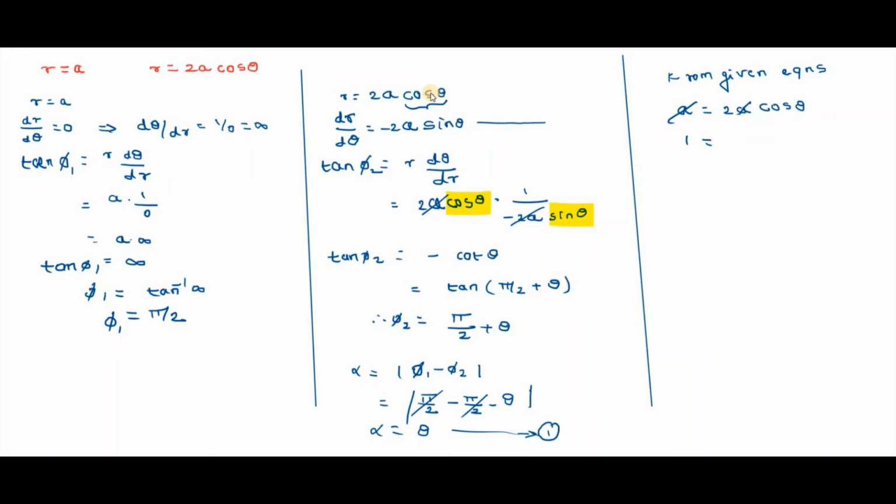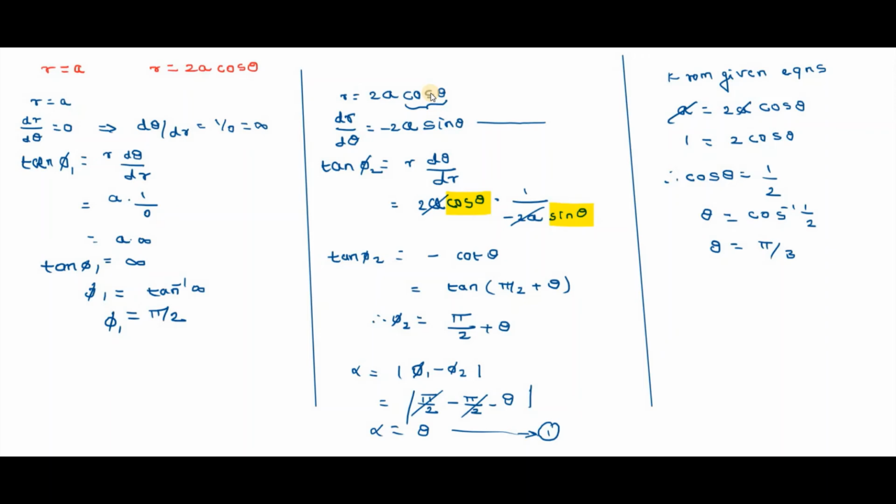So 1 is equal to 2 cos theta. Therefore, cos theta is equal to 1 divided by 2. Theta is equal to cos inverse 1 divided by 2, and theta is again 60 degree, that is equal to pi by 3. So theta is equal to pi by 3.